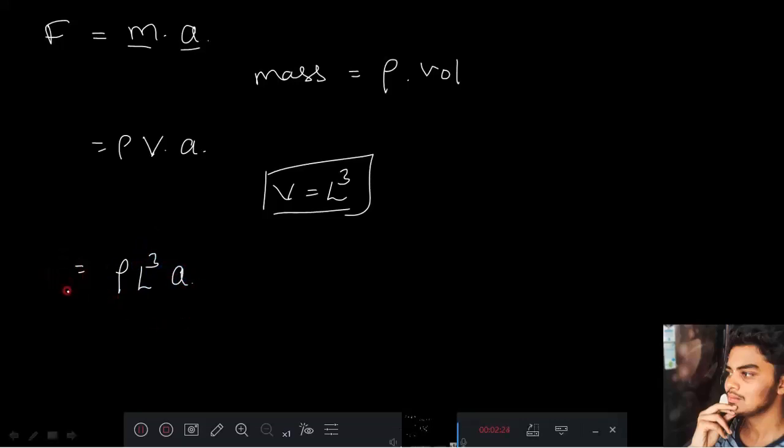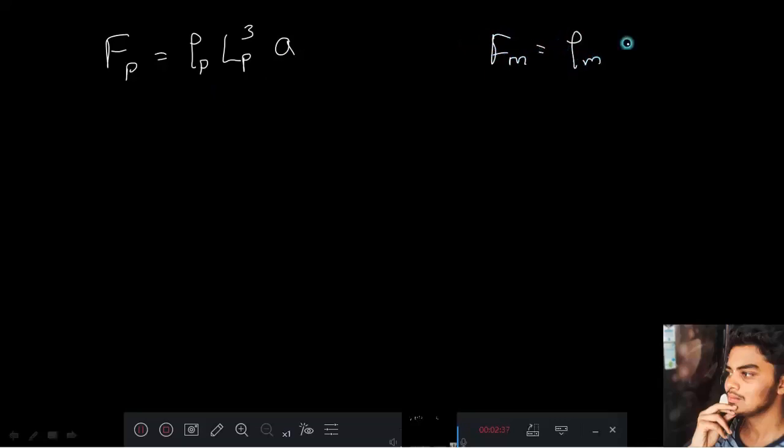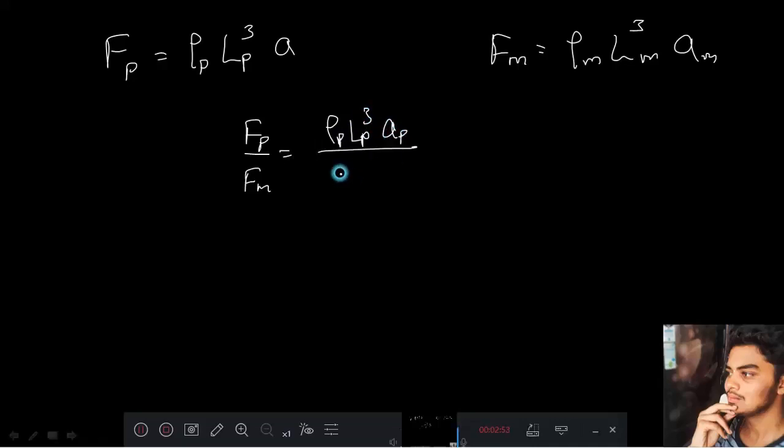If we write the force formula for the prototype, Fp equal to rho p Lp cube a, and similarly for the model, Fm is equal to rho m Lm cube am. If we take the force ratio, Fp by Fm, it is rho p Lp cube into a, divided by rho m Lm cube into a. Rho p equal to rho m because both are in the water medium.